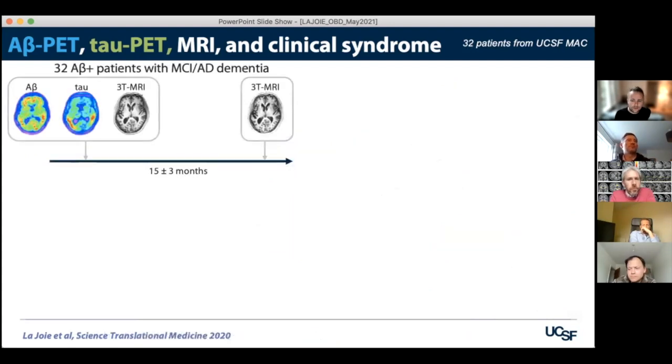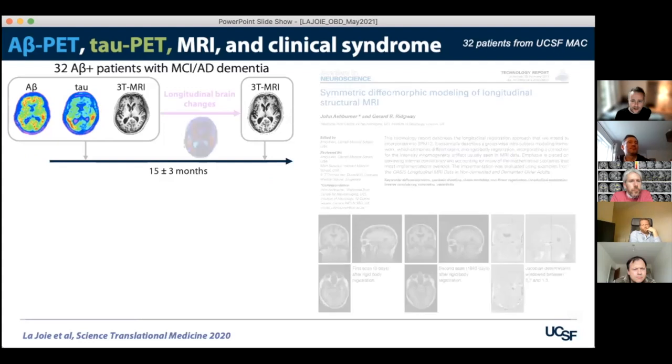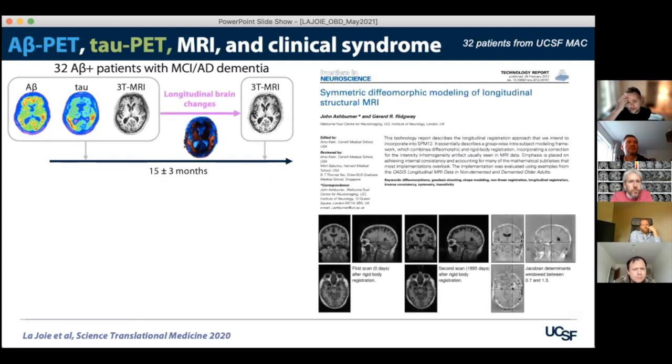We were lucky enough to have some patients who came back to us for a second MRI around 1.5 years after the first session of imaging. And we measured brain atrophy over time with this technique, in this panel, to measure longitudinal changes in brain structure.